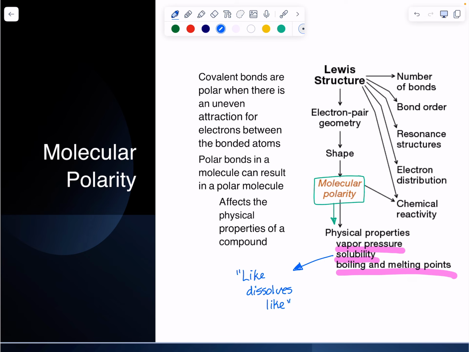Okay, so things will be soluble in materials that have the same type of polarity as them. So solubility means the ability of two substances to mix, okay? So this is the ability of substances to mix.